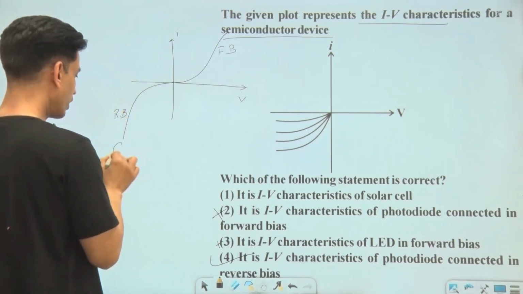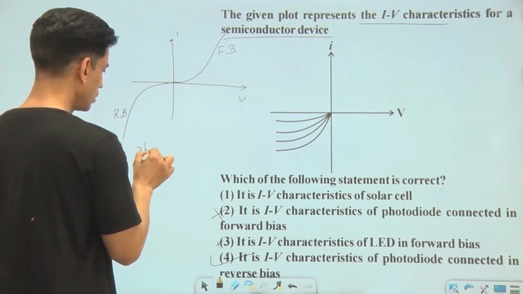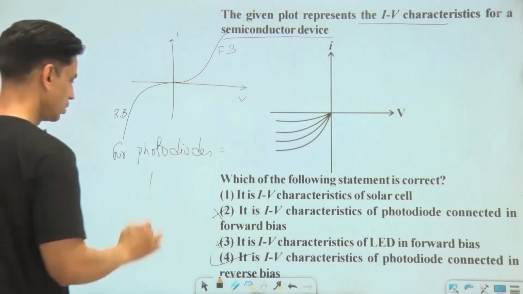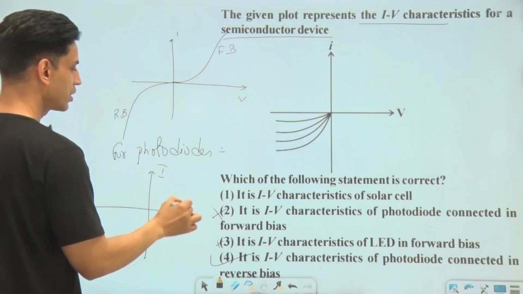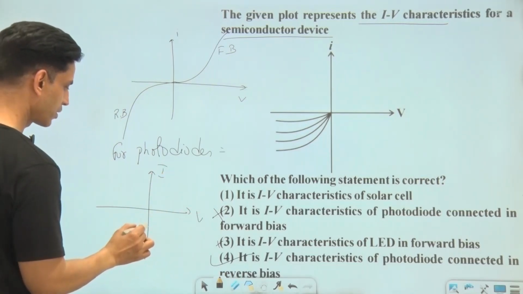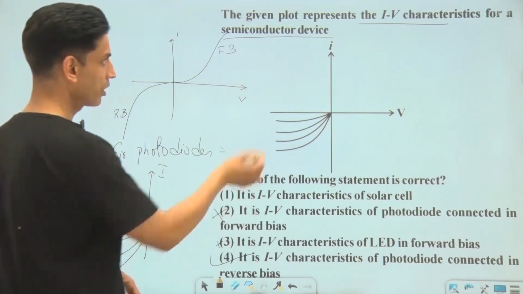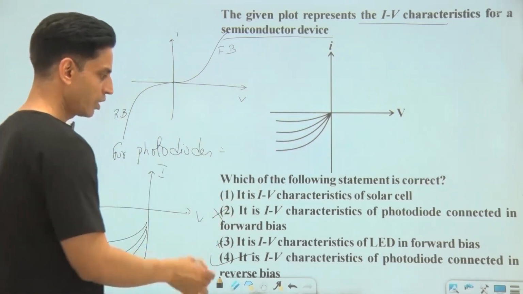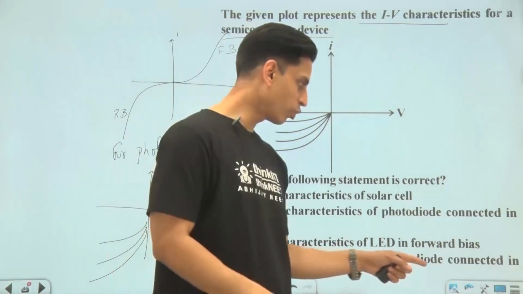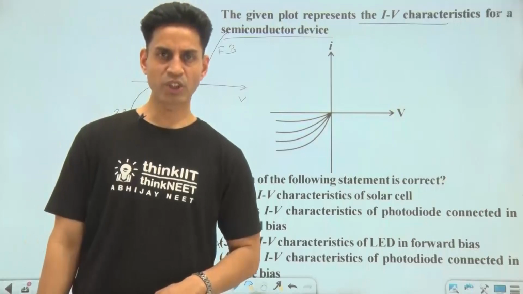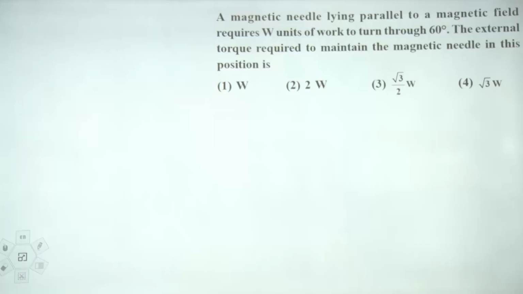And for photodiodes, the I versus V graph is like this, which is this one. So it is the IV characteristic of a photodiode connected in reverse bias. Option number 4 is the correct answer. Got it?